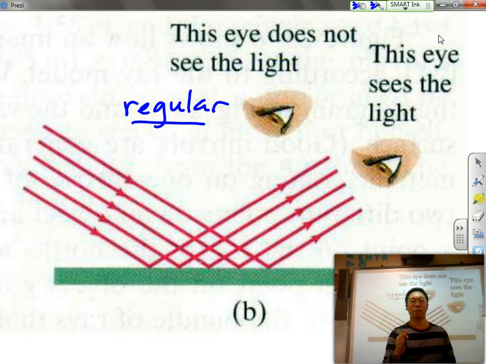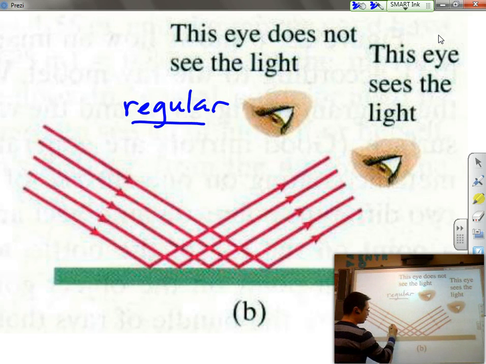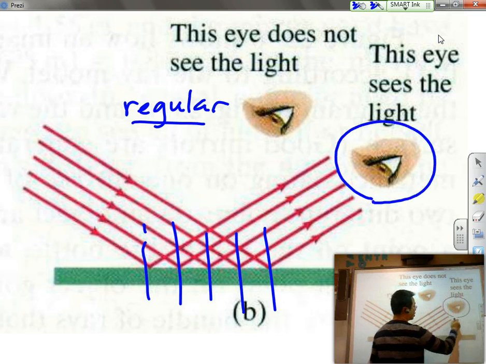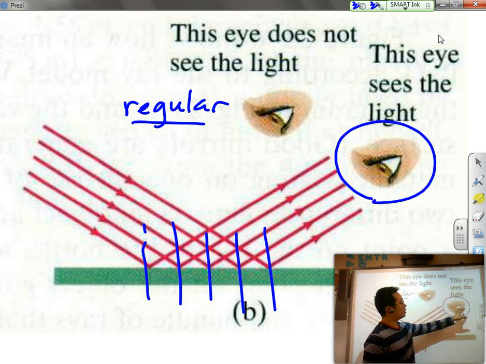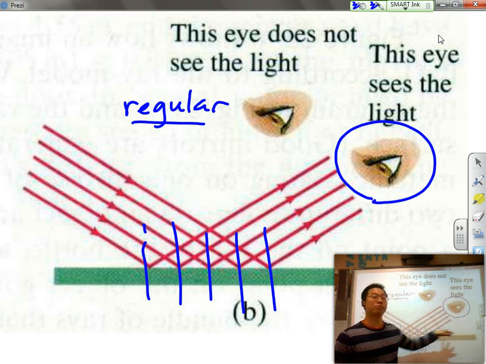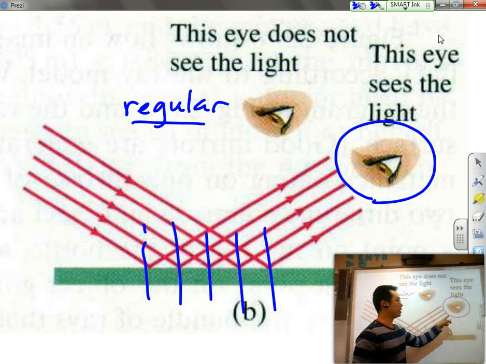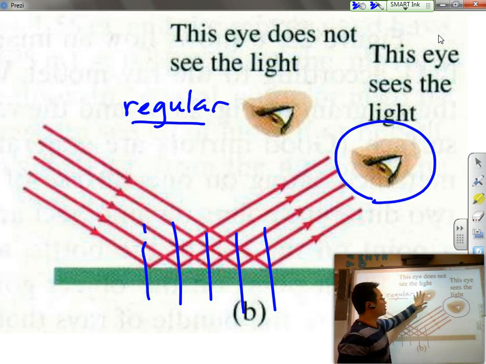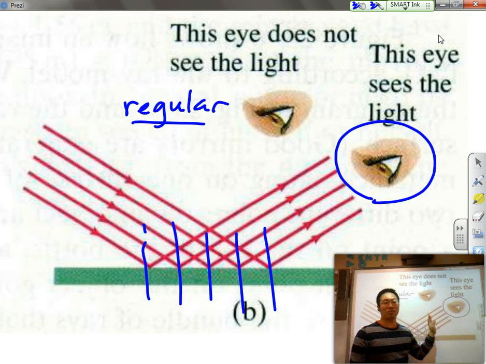They reflect parallel to each other. Each one has a little normal line that it's reflecting off of, and it reflects at the exact same angle, to a specific location. So only the person who's looking inside this mirror would be able to see the image of whatever is incoming. A person standing somewhere else would not see the exact same image. They would not see anything at all, possibly.